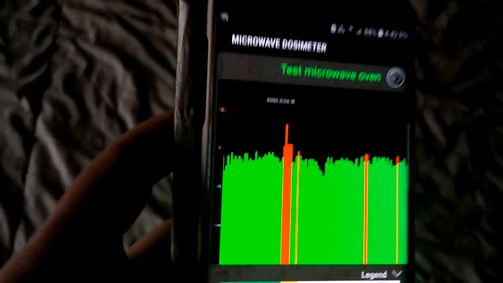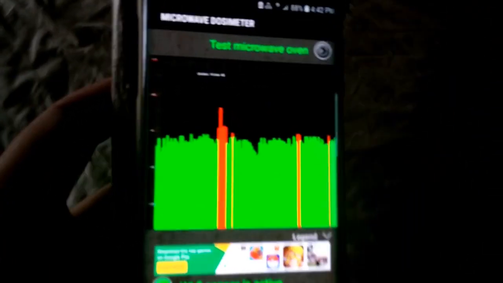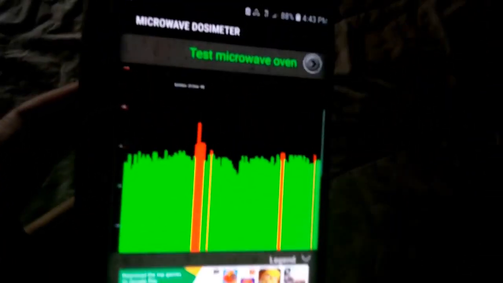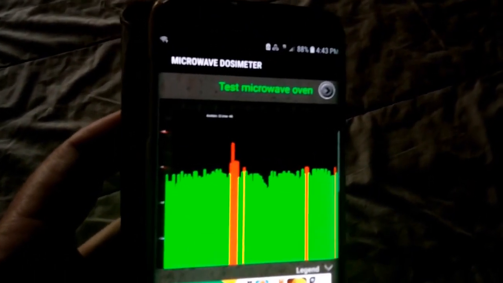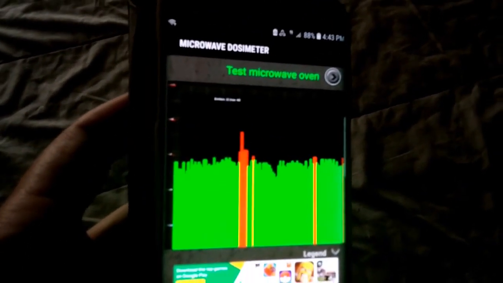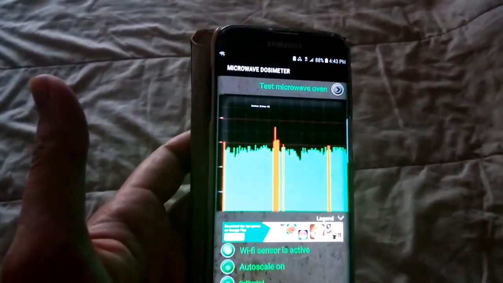But again, you'll notice it's not as bad down here as it used to be. I wish I would have taken these measurements a few months ago, but I didn't start this channel until more recently. And so I guess it's a good thing that the readings in here aren't as high as they used to be, but they used to be all in the red right here, right above my bed where I was sleeping, which is why I don't sleep down here anymore.